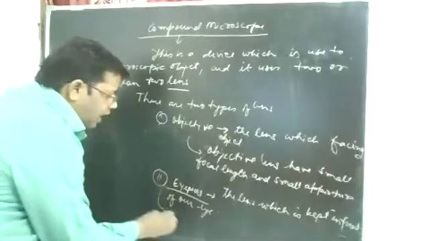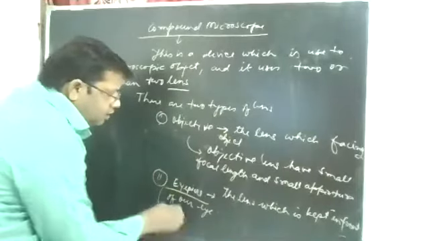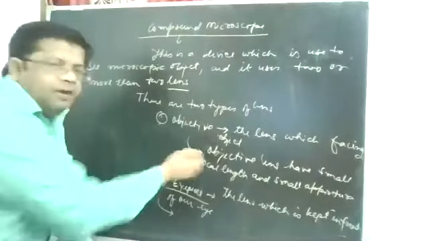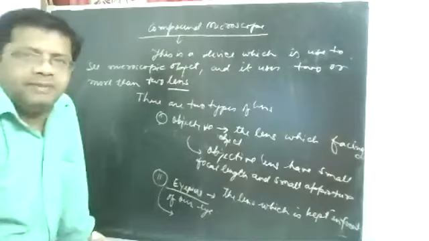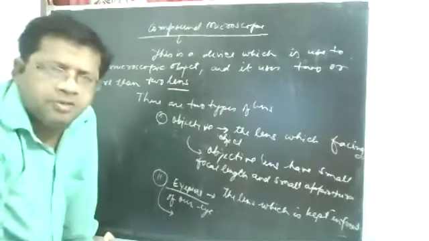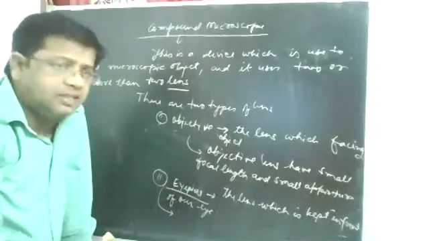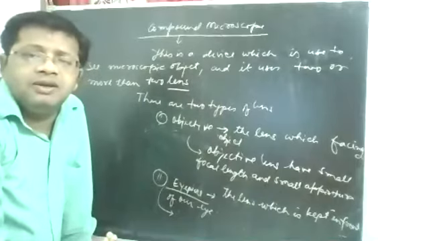This lens should have a comparatively larger focal length and a larger aperture, because in comparison to a microscopic body, our eyeball size is larger.